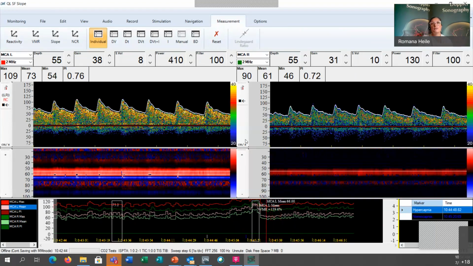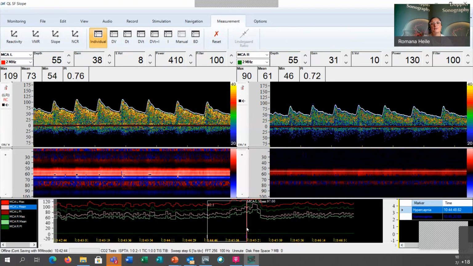In comparison, for the regression it's important that you exactly know when the person stopped breathing. That would be the start for the regression. So you go to the marker where the person really stopped breathing, and then you go to the marker where the person started breathing again.